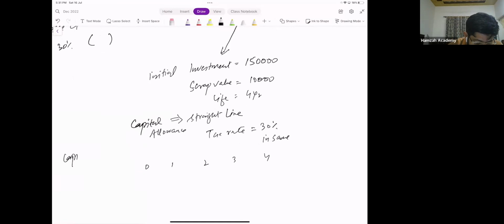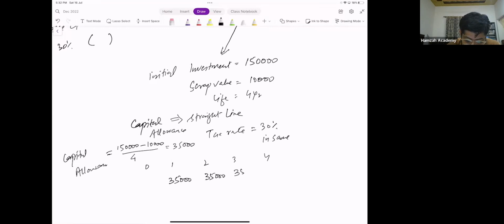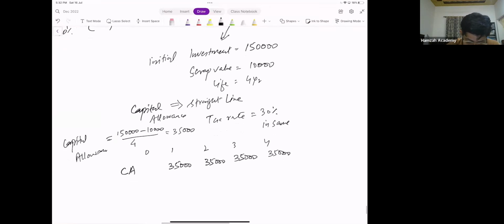What is the capital allowance every year? Straight line method. How to calculate? Initial investment minus scrap value divided by life. It is 35,000 capital allowance. Tax saving at 30%, same year.